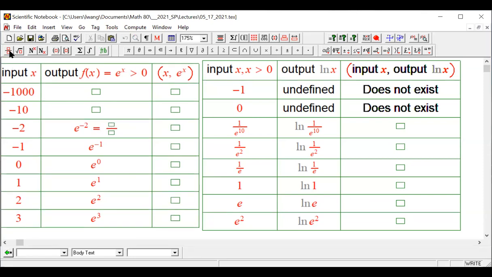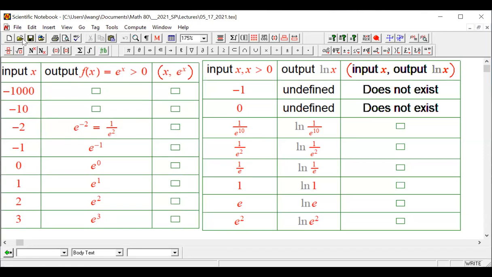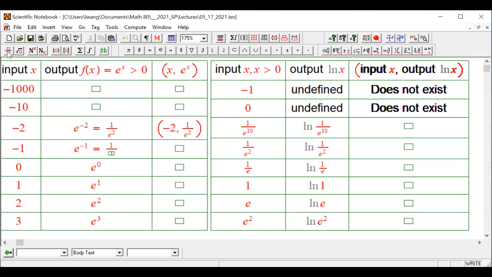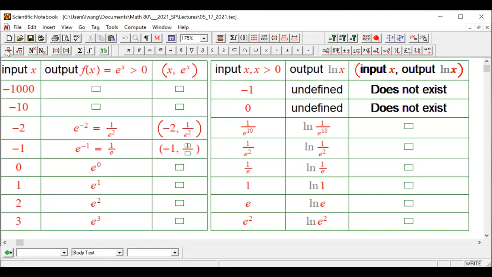It's going to be 1 over e squared, and the point is going to be -2. The output is 1 over e squared. And the second point is 1 over e, and that point is -1, 1 over e.